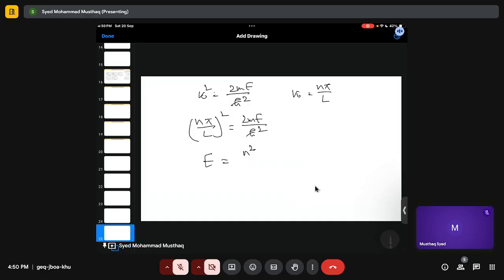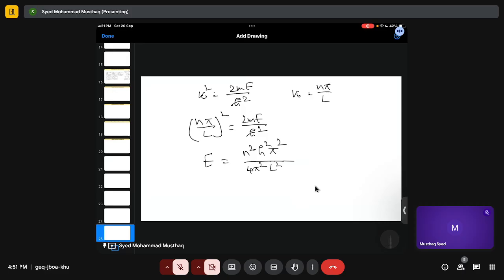Now, what is h cut square? H cut square is h square by 4 pi square, since h cut is h by 2 pi. You already have a pi square, and you already have L square.